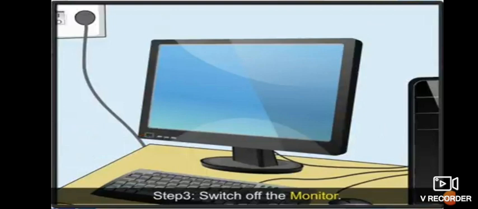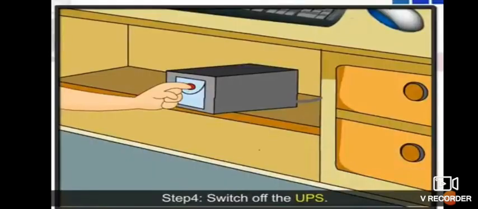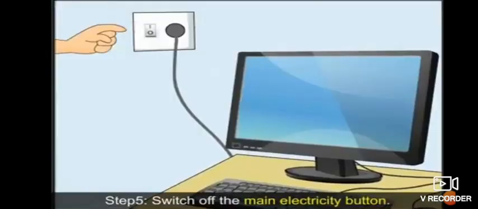After that, step number 4 is switch off the UPS. So press the button on the UPS to switch it off. And the last step is step number 5, switch off the main power from the electric board. So the main switch, the main electricity button, you need to switch it off at last.